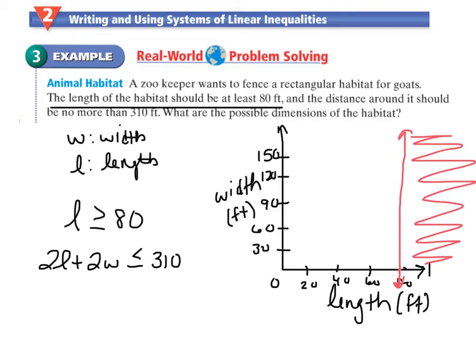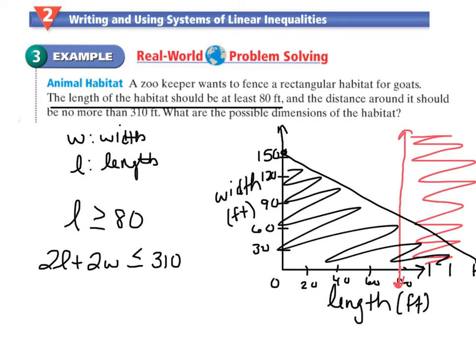So 120. Well, it's going to be way off the chart here. So 155. It's going to look like that. And since we're doing less than, it'd be underneath. So the shaded region that it could be is anything here plus the boundary regions because they're solid.